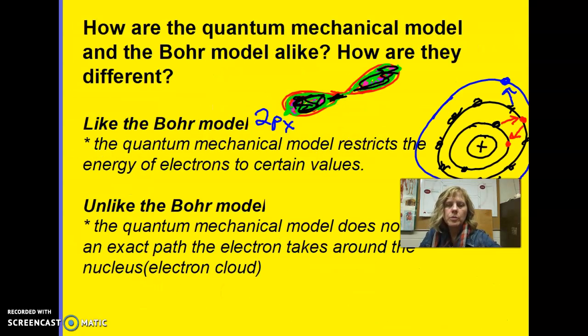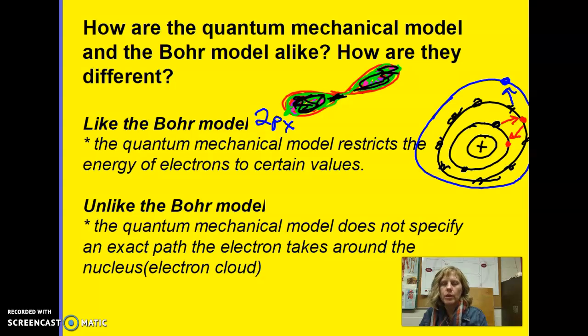And then just really quickly, how are the quantum mechanical model and the Bohr model alike, and how are they different? It actually addresses this in your book. That's kind of why I'm bringing it up, and I think it asks on one of your worksheets. They are alike in that, remember, this is the Bohr model, the concentric rings, with electrons orbiting almost like planets orbit the sun.